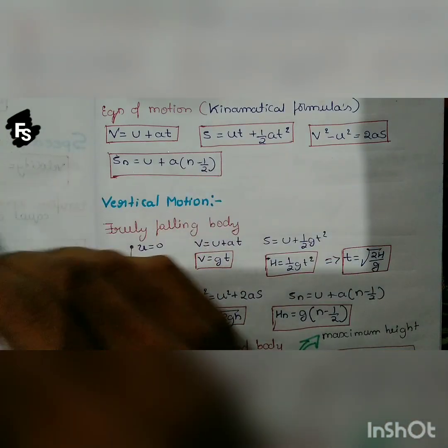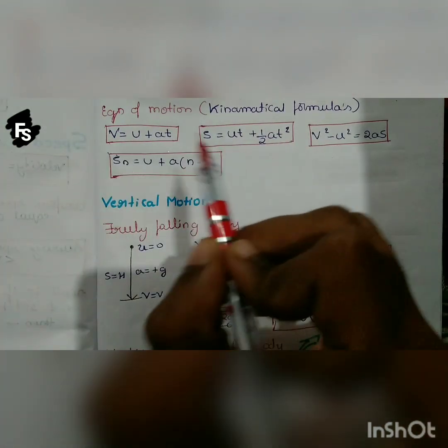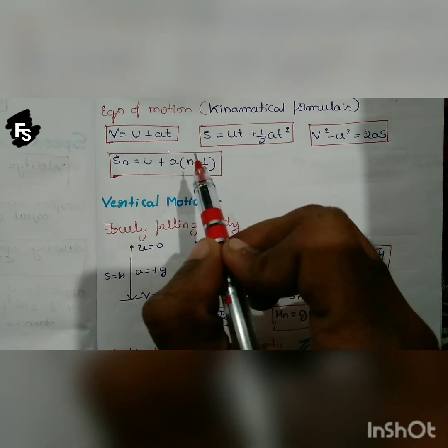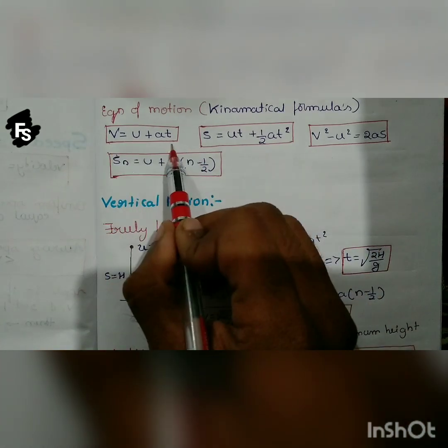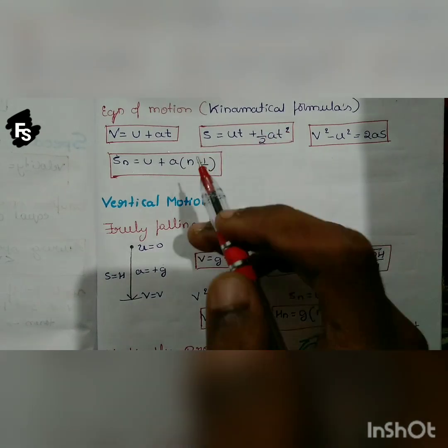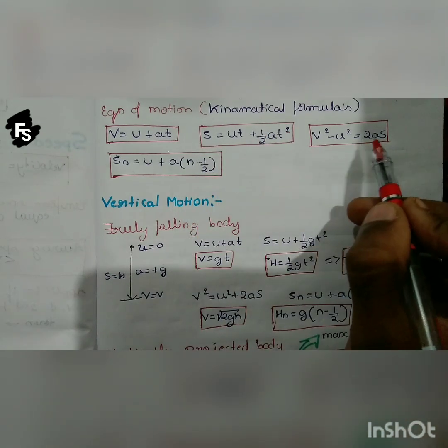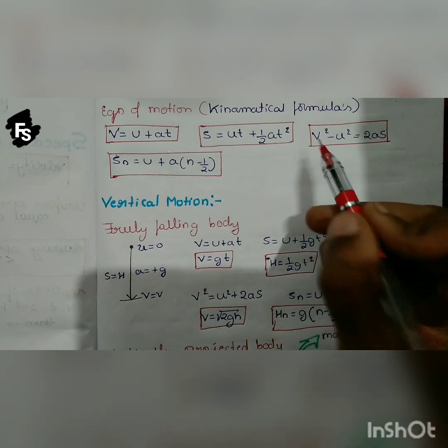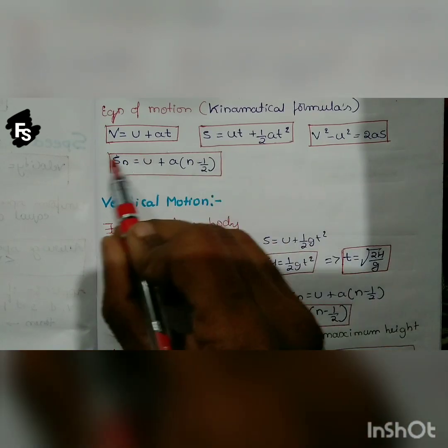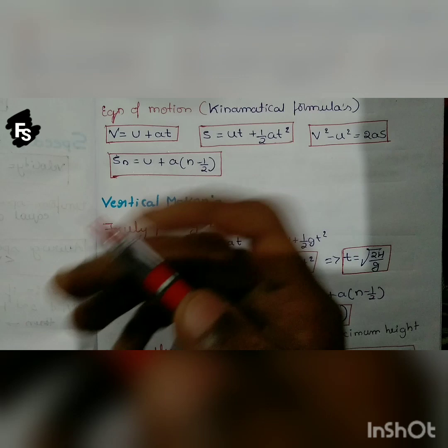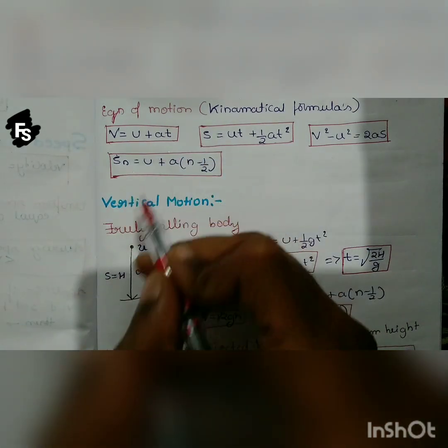And these formulas are very helpful in the whole physics syllabus of class 11. The first formula is used to find the velocity, the second formula is used to find the displacement, the third formula is used to find the acceleration, displacement or velocity, and the fourth is used to find the displacement at the nth second.